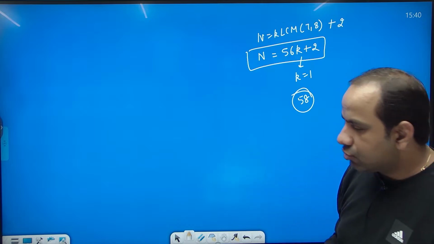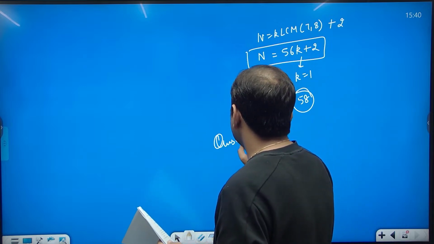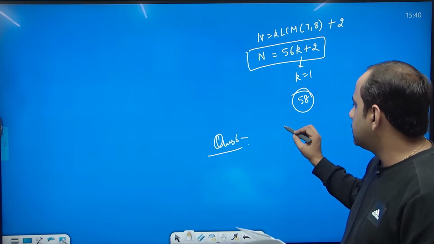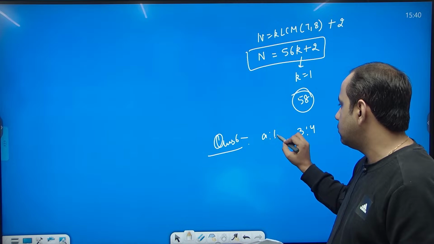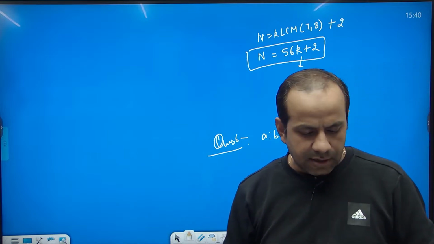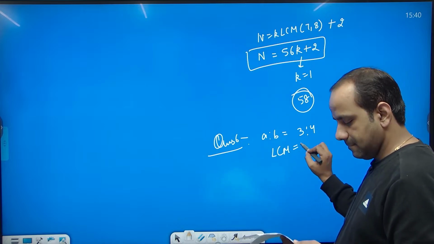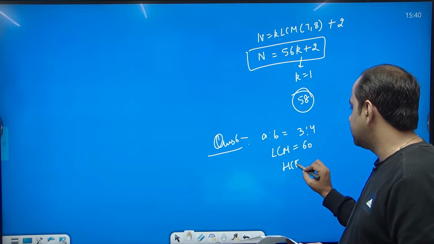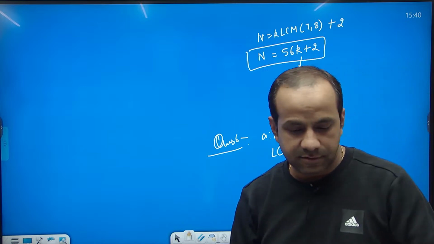Okay, see this question number 6 from the assignment. The ratio between two numbers is 3:4. A ratio B is 3:4, and the LCM is 60. We need to find the HCF. Try this.